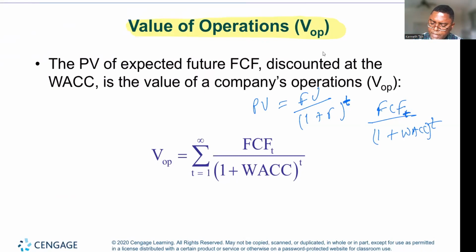So this is the present value of each of those cash flows, but we are taking the sum of them, we are adding them up. When we do that, what we have is what we call the value of operation. And then we'll do a little bit of adjustment to be able to get the intrinsic or fundamental value of the company or the value of the stock.